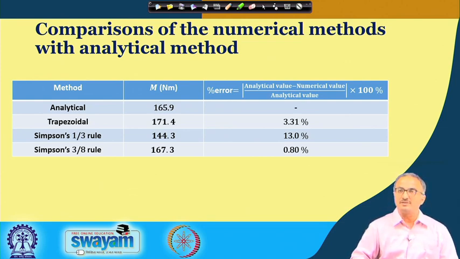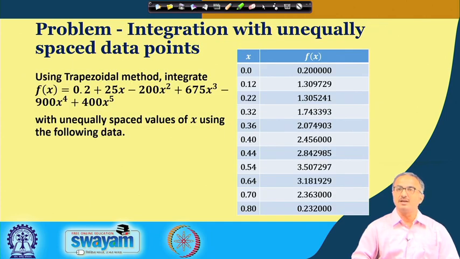Now here we have discussed all the methods based on the assumption that the interval remains the same in the domain. Next we take a problem in which we are going to check what happens if the domain intervals are not the same. So here I am taking one example using the trapezoidal rule only.